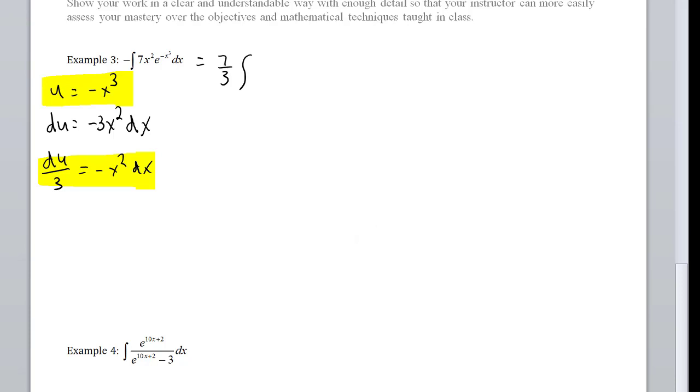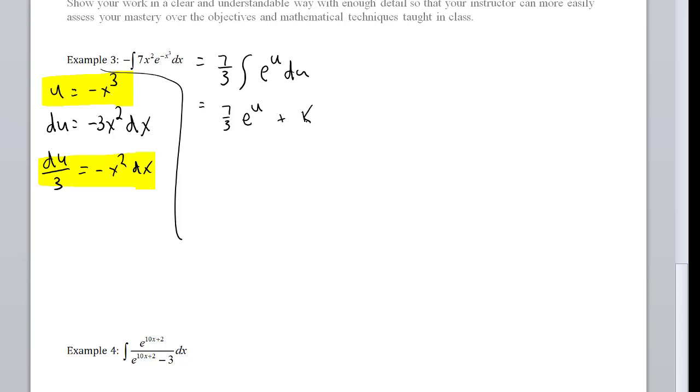So now my e to the u, and then the negative x squared dx are all going to get replaced or substituted with that du. Like that. So 7. And the idea here is that the antiderivative or derivative of e to the u is e to the u.